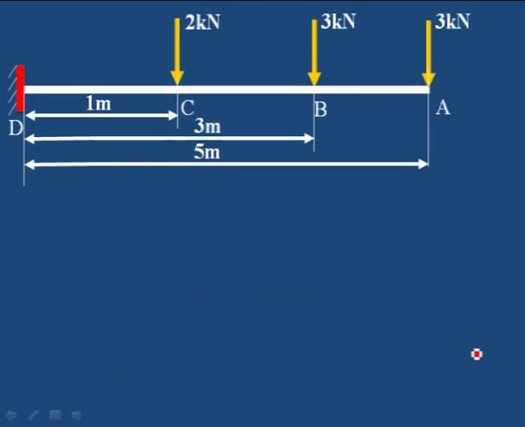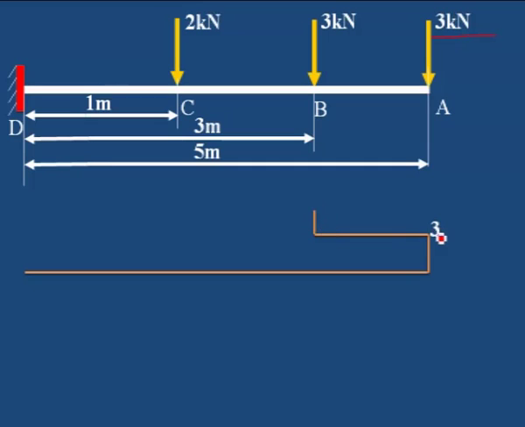Next, to draw the bending moment and shear force diagram, first draw the shear force diagram. Draw a horizontal line, then this is the point load, this shear force value is equal to 3 kilonewton, then a horizontal line because no load is added between A and B. Then here 3 plus another 3 is added, 6 kilonewton, this vertical line should be equal to 3 kilonewton, then a horizontal line.